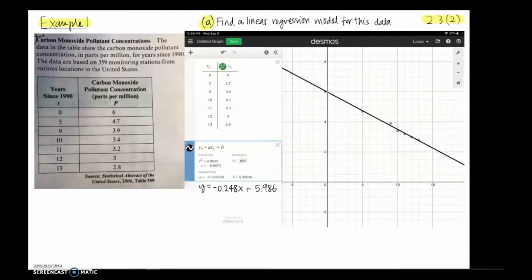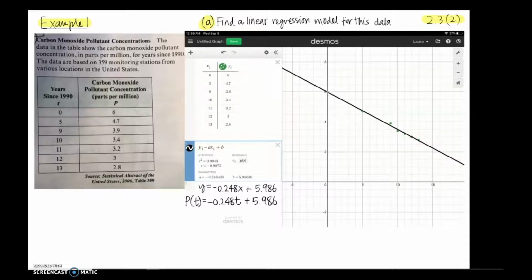I'm going to rewrite it using the variables that were given in the data table. And so that would look like p of t equals negative 0.248t plus 5.986.